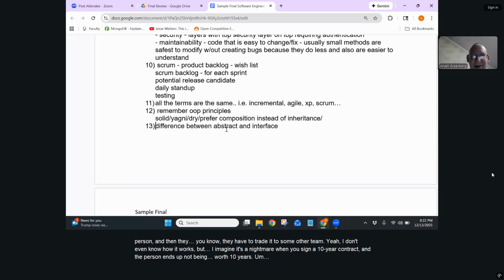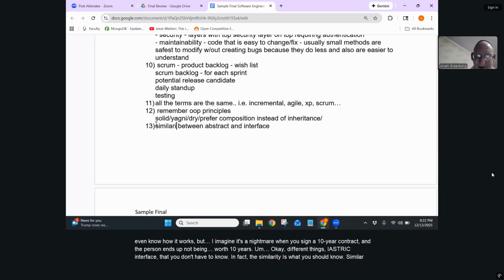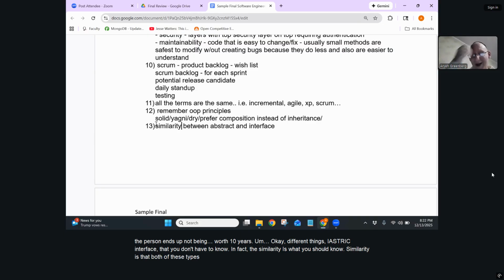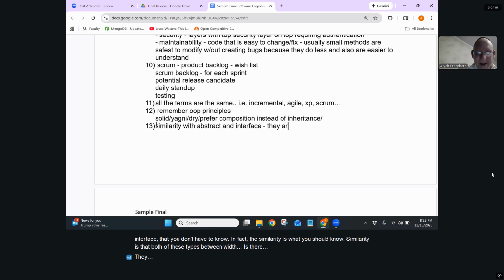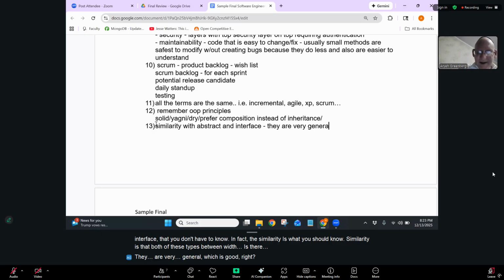Okay, different thing: abstract class and interface. The differences you don't have to know. In fact, the similarity is what you should know. The similarity is that both of these types are very general, which is good, right?